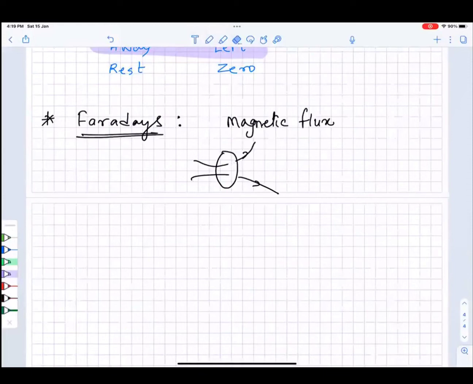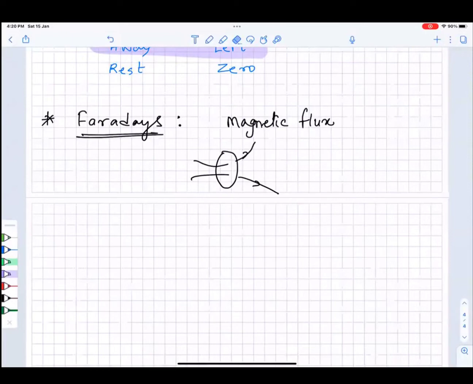So let's say, for example, right now the magnetic flux is 2 units. Then say some more lines are passing through it, 3 units. Then some more lines, 4 units, that way. So what is magnetic flux once again? It is the number of magnetic field lines which are passing through the coil or which are linked with the coil. Okay. Got it? What is magnetic flux? The number of magnetic field lines linked with the coil is called magnetic flux.